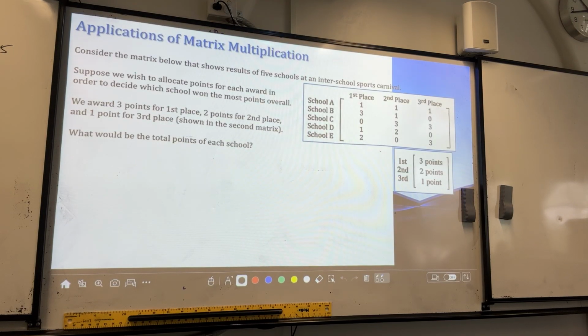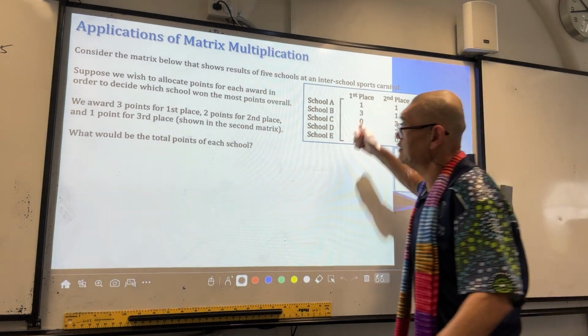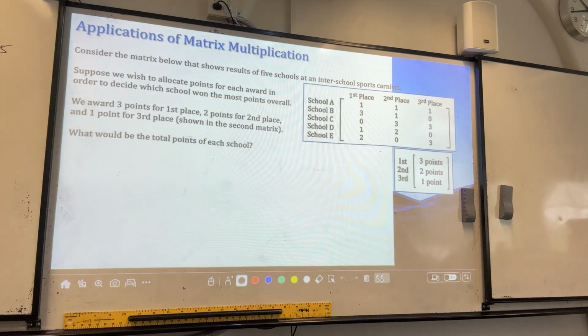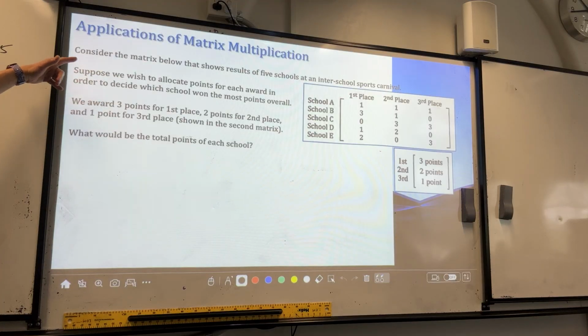Application of matrix multiplication. So I've got 4 problems that I'm going to show you. Here, let's look at this matrix. It's from a table showing results of high schools at an inter-school sports carnival.